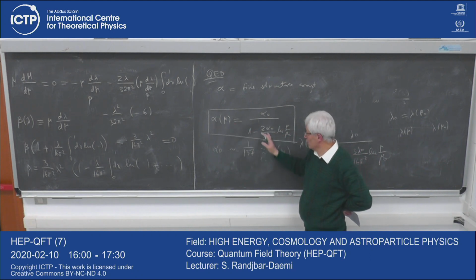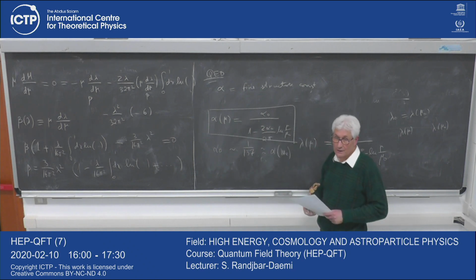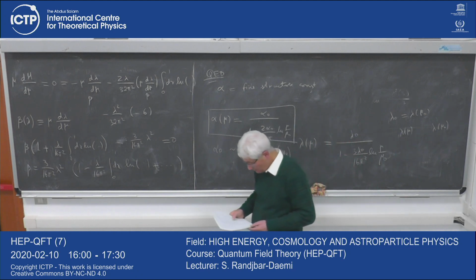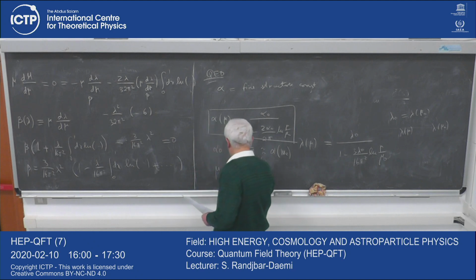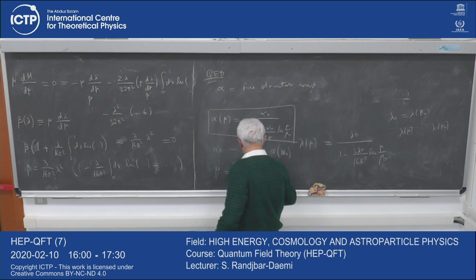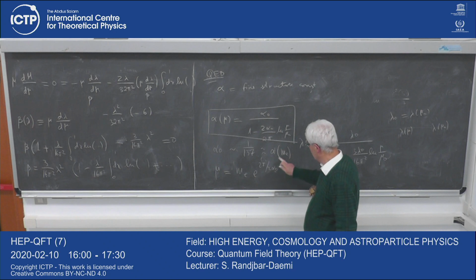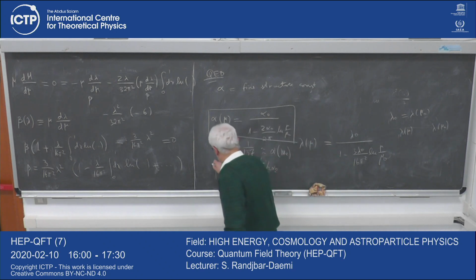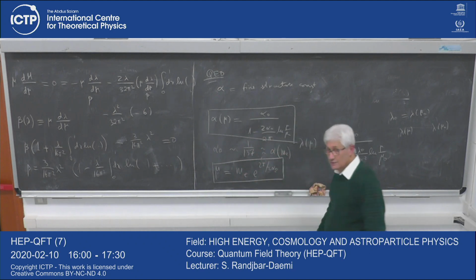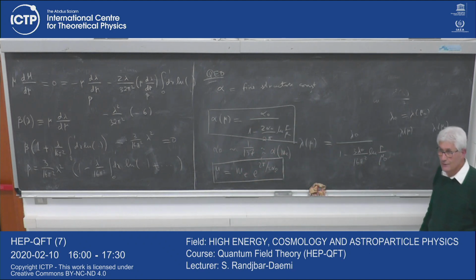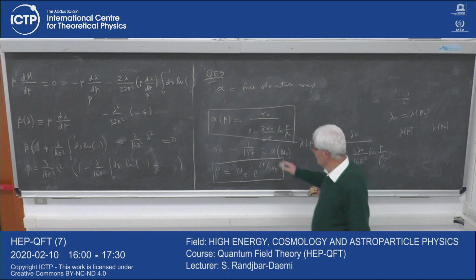And at some energy, when the denominator becomes very small, the perturbation theory will not be reliable. And that happens for mu equals the electron mass times the exponential of 2 pi divided by 2 alpha 0. This alpha 0 is 1 over 137 if you set mu0 equal to the electron mass. Calculate this energy numerically, find out how big it is. That will tell you up to which point.